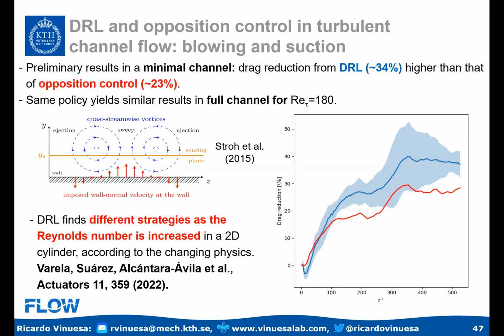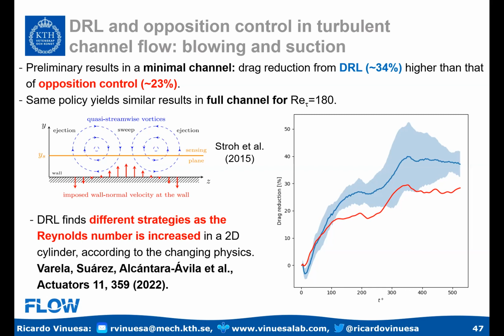So we actually outperform the classical solution, the opposition control. This difference is also present when we apply the same policy in a full channel at Re_tau 180. So when you have more complex dynamics, this is still true.